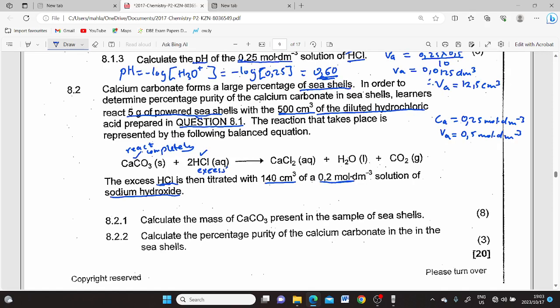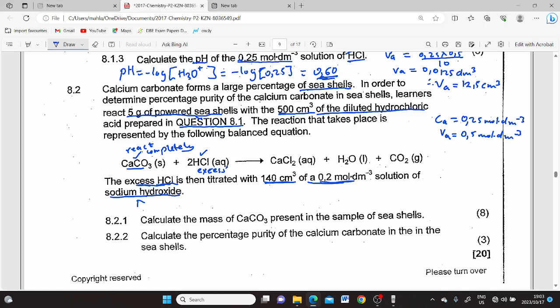That is why they say the excess is then titrated with 140 centimeter cube of 0.2 mole per decimeter cube of the sodium hydroxide.